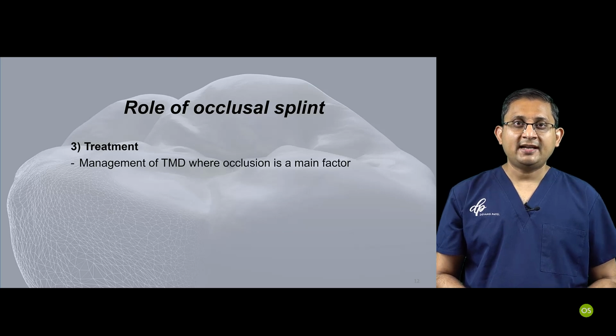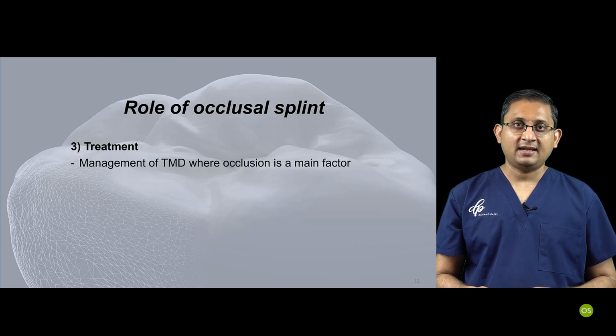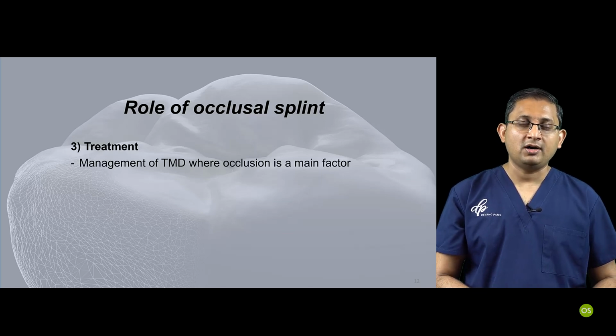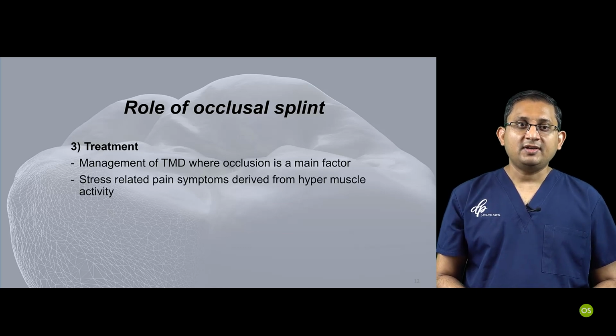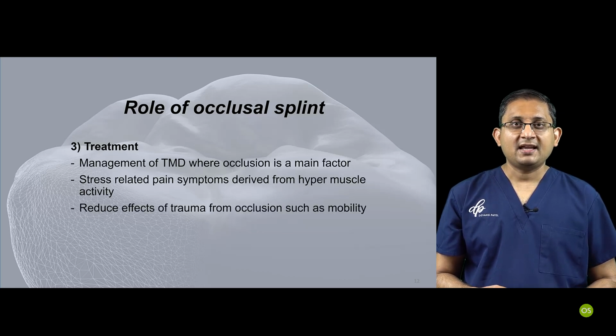And in general dental practice, again, I'll go through later in this video, you need to make sure that you assess the patient carefully, which patient you would like to treat and which patient you would like to refer, depending on your experience. The stress-related pain, which symptoms derived from hyperactivity of the muscles, the splint will help, because what it does, it distributes the forces, and because of that it reduces the muscle activity.